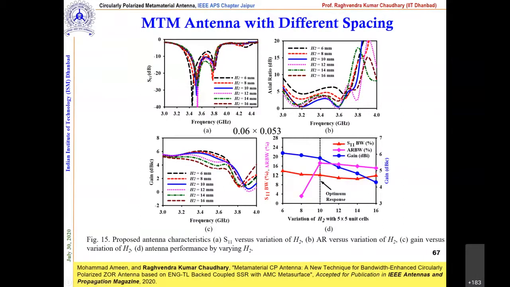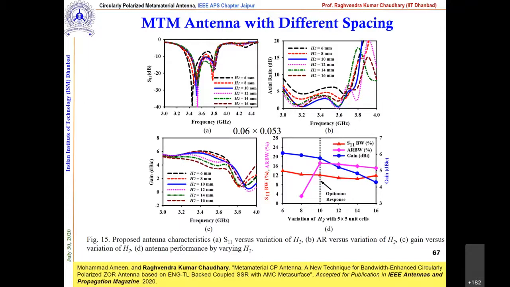The reason is quite clear, because we are backing with this AMC, correct? When the reflected wave is coming, it disturbs the phase of what is happening between your single spectrum resonator and antenna, correct? So you need to take care and verify these things, correct?